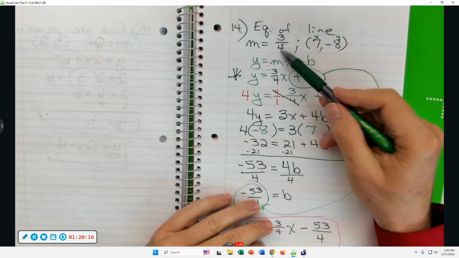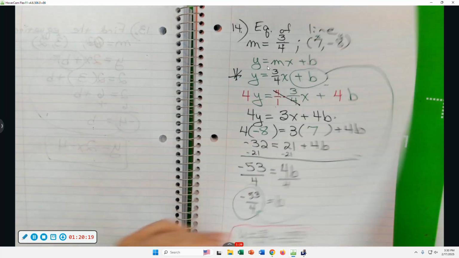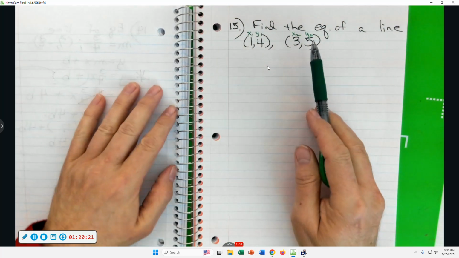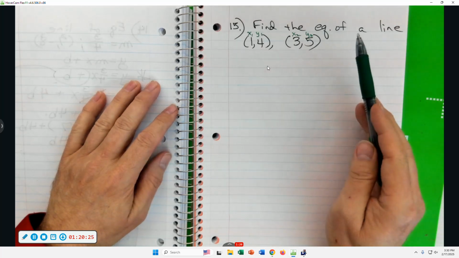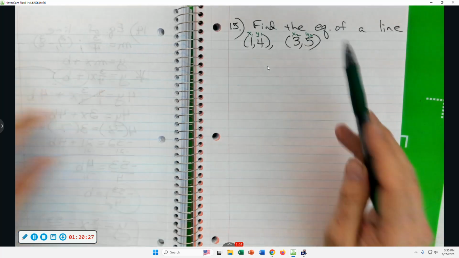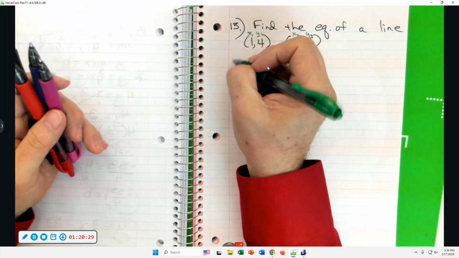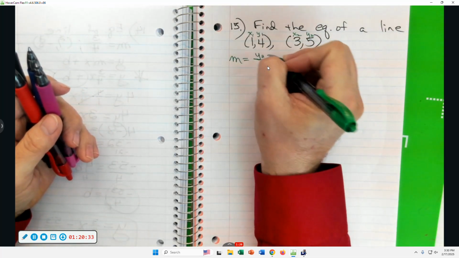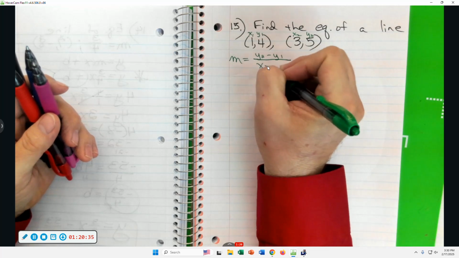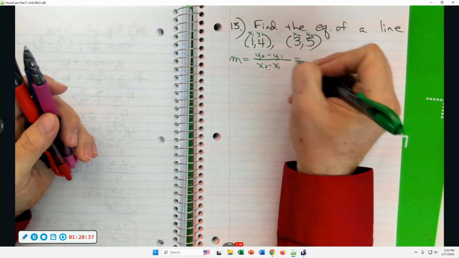On number 14, they gave us the slope. On number 15, they added an extra step. They didn't give us the slope. Before you can use y equals mx plus b, you have to find m first. And remember that little formula, y2 minus y1 all over x2 minus x1.